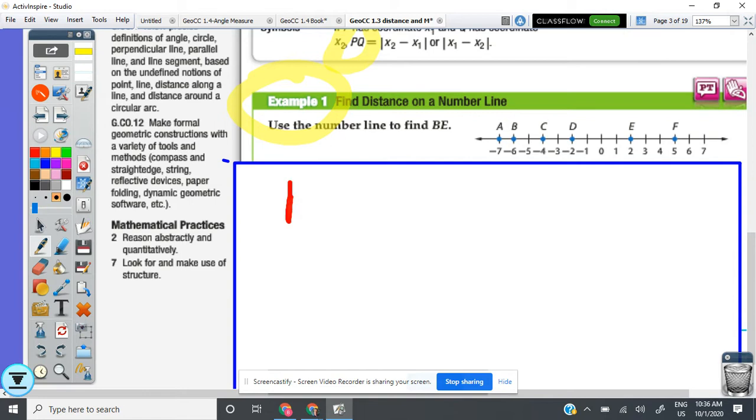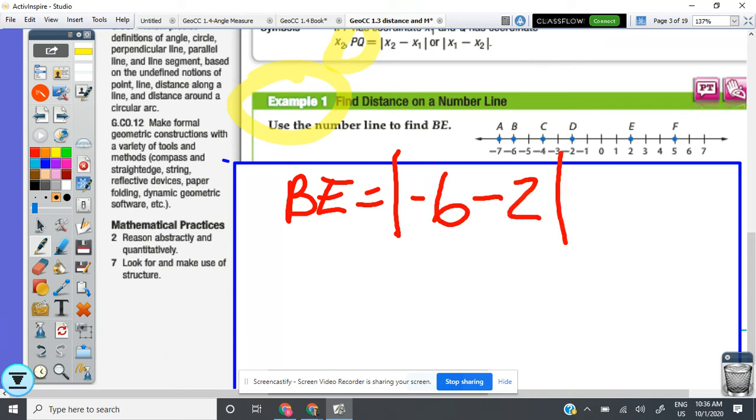The B E. Okay, important part here. The minus comes from the formula.